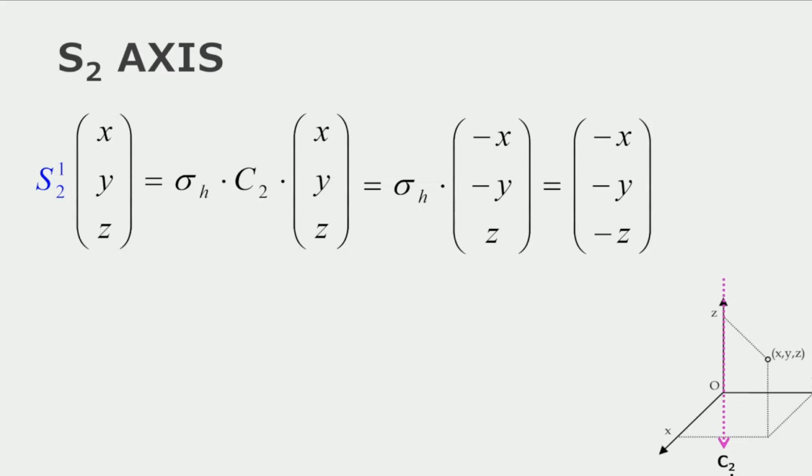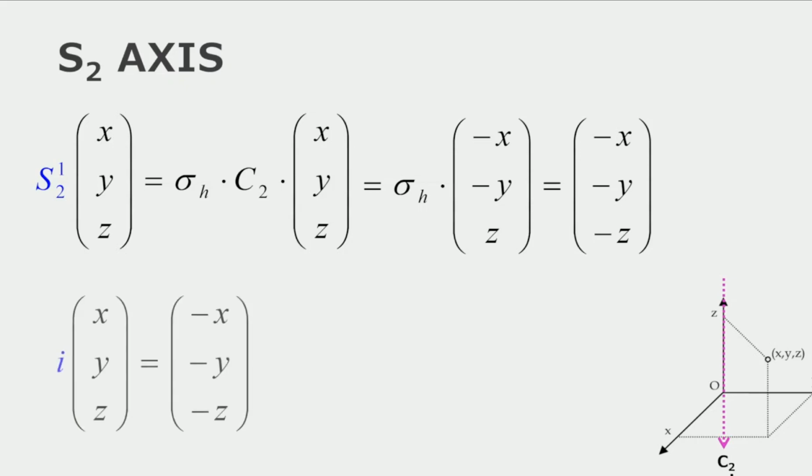So sigma h operation takes the vector minus x, minus y, z to minus x, minus y and minus z. Because we are applying the reflection perpendicular to the z axis, the z component also changes from plus z to minus z. So in effect, all the components change from positive to negative. So S2 operation on the Cartesian components x, y, z leads to its negative, minus x, minus y, minus z.